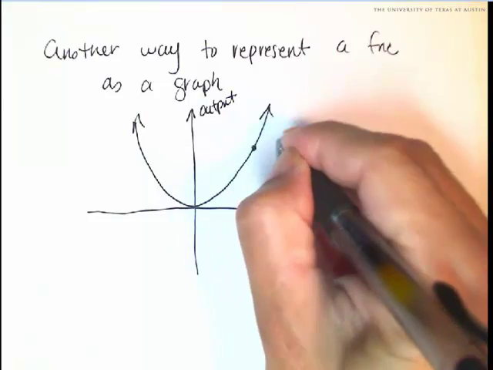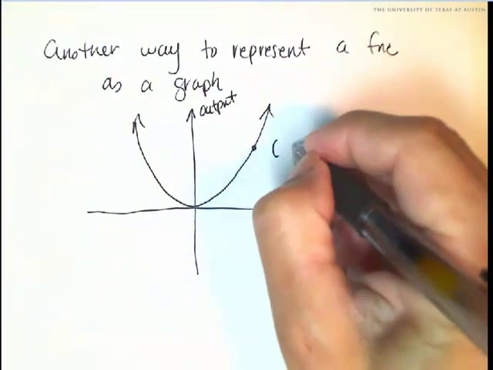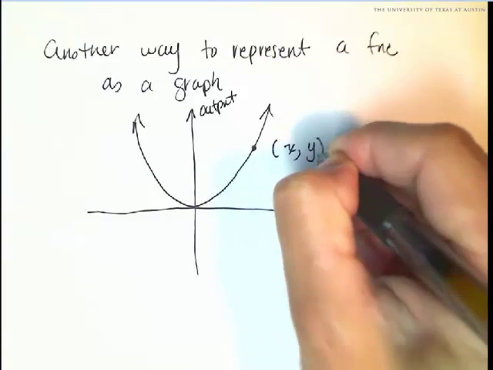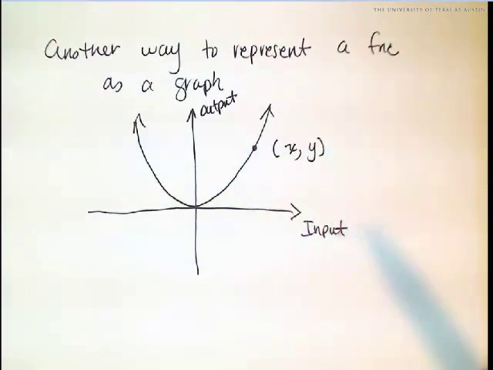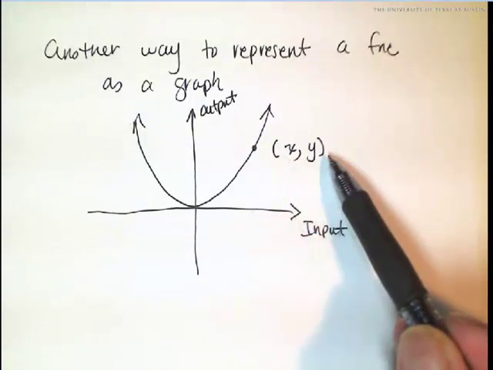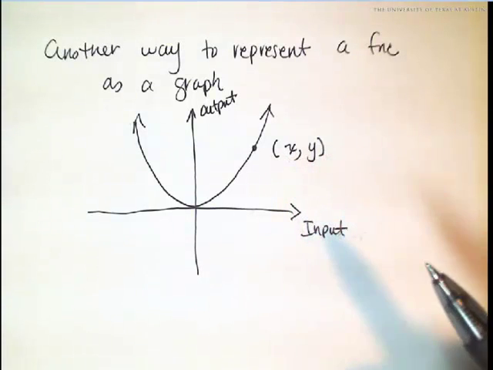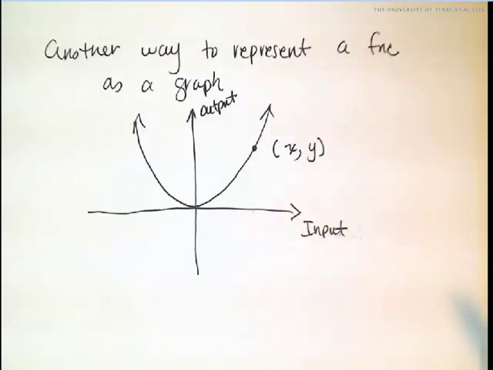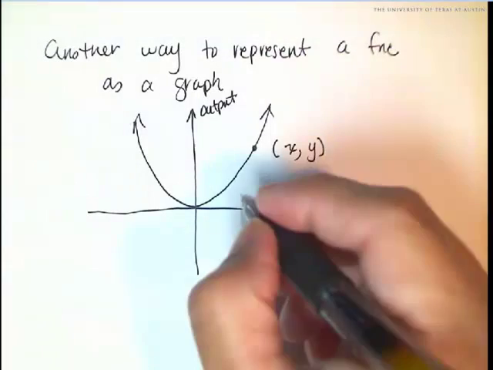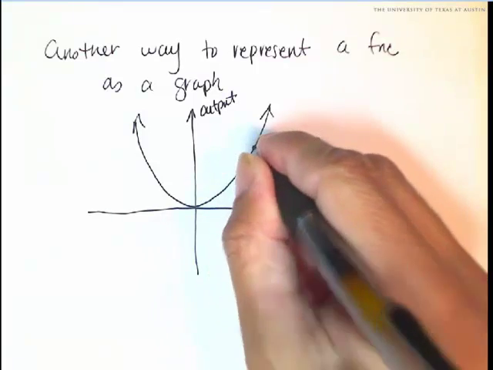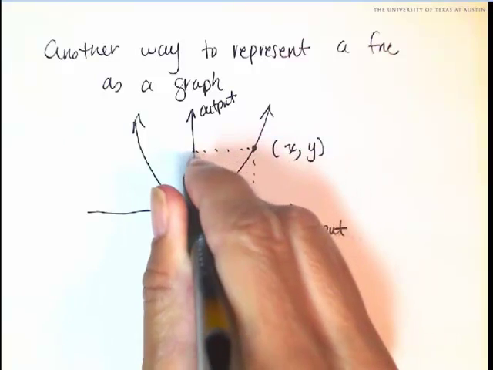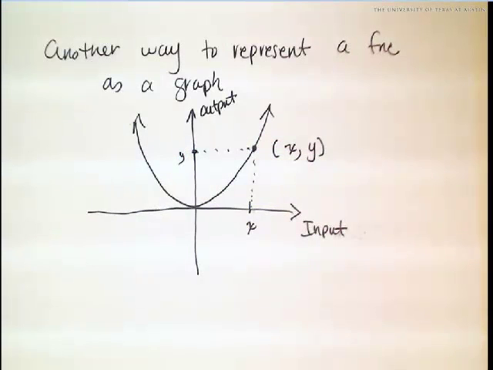Right? So each point on my graph represents an ordered pair that corresponds to my function. The x is my input, the y is my output, and it creates this graph. Is our definition still satisfied? It is. Given any x that I choose, there is exactly one y that corresponds to it. So our definition is still satisfied.